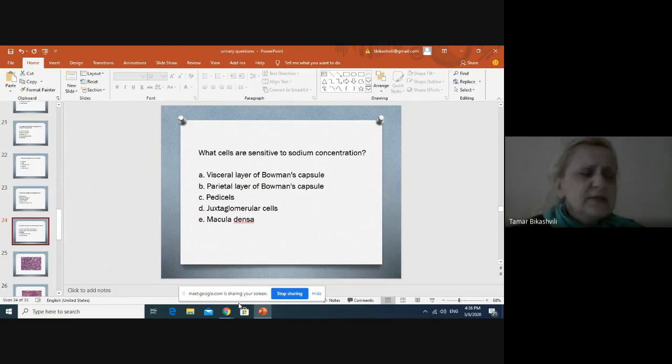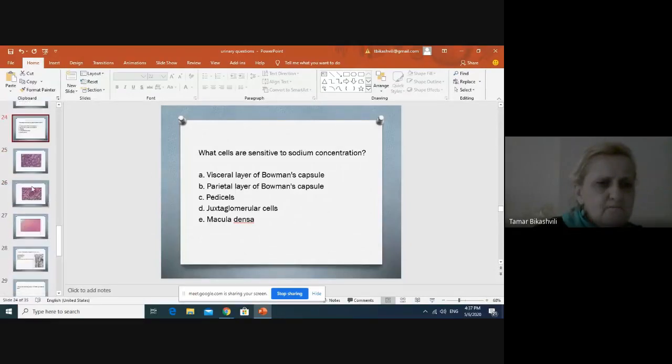They are modified cells of the distal straight tubules, and sodium concentration influences them.